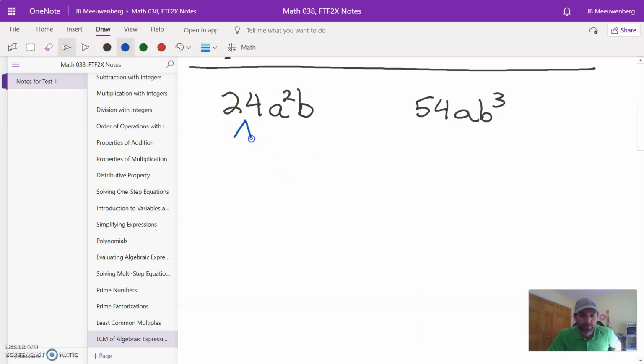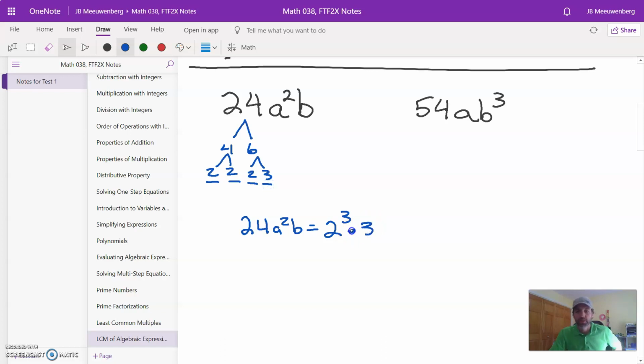So I'm going to do a 24 factor tree. 4 times 6, 2 times 2, 2 times 3. Those are my prime numbers right there. 2, 2, 2, and 3. So I'm going to write 24a squared b as 2 to the third, because I had 1, 2, 3, times 3, and then times a squared times b.